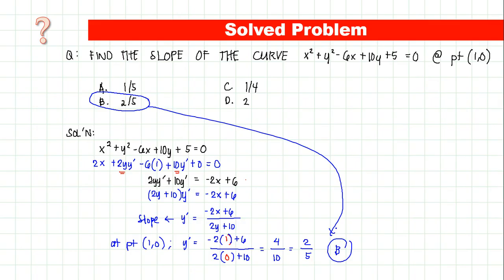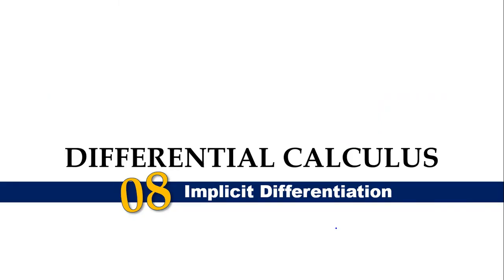And practice lang kayo. Mag-practice na pag-solve ng mga implicit differentiation. And do not forget the y prime or the dy dx when getting the derivative ng y o kahit ang powers of y. Kasi yun yung pinaka-importante part ng implicit differentiation. Okay? That's about it. Sana meron kayo natutunan at practice pa tayo. Maraming salamat sa pakikinig at keep safe everyone.